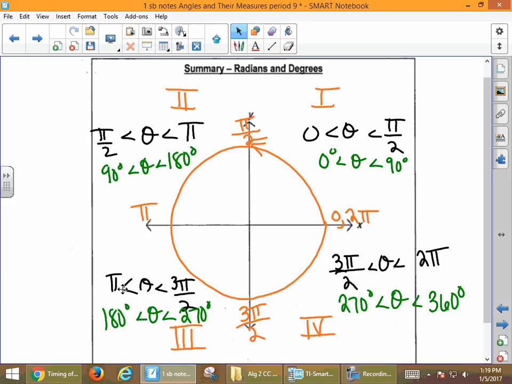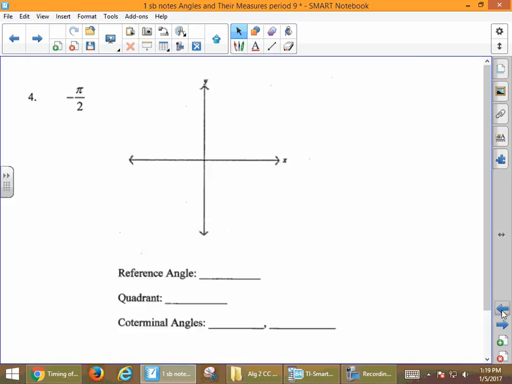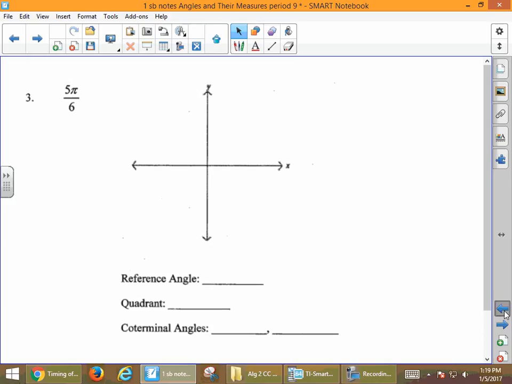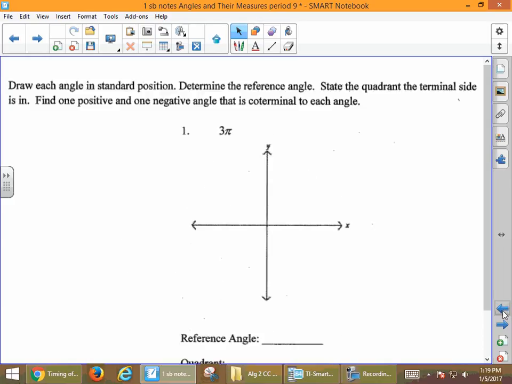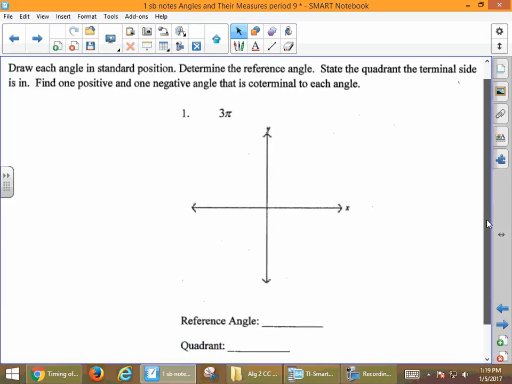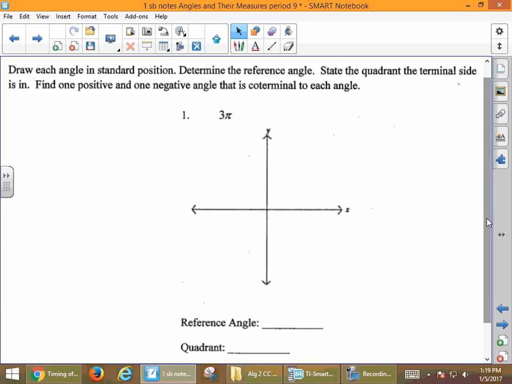And remember, I stapled your papers wrong accidentally, so let's flip back to these examples. It says, draw each angle in standard position, determine the reference angle, state the quadrant the terminal side is in, and find one positive and one negative angle that is coterminal to each angle.